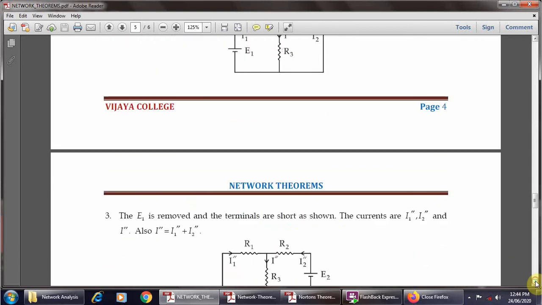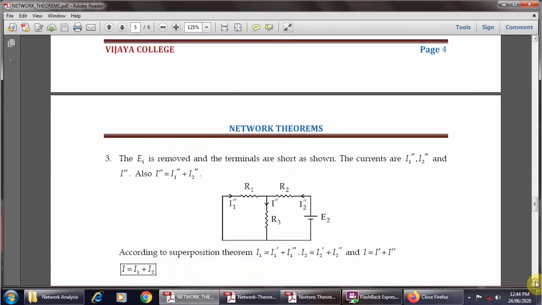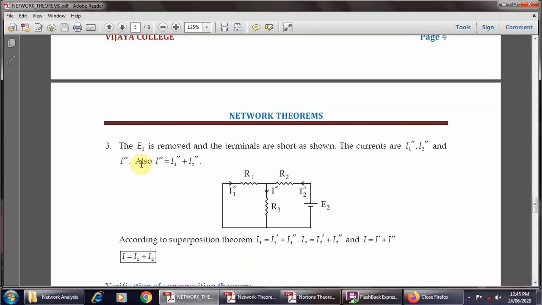This is the first step. Then E1 is removed. In the next case E1 is removed and E2 will be present, and due to that the currents flowing through the circuit are I1 double dash, I2 double dash, and I double dash.